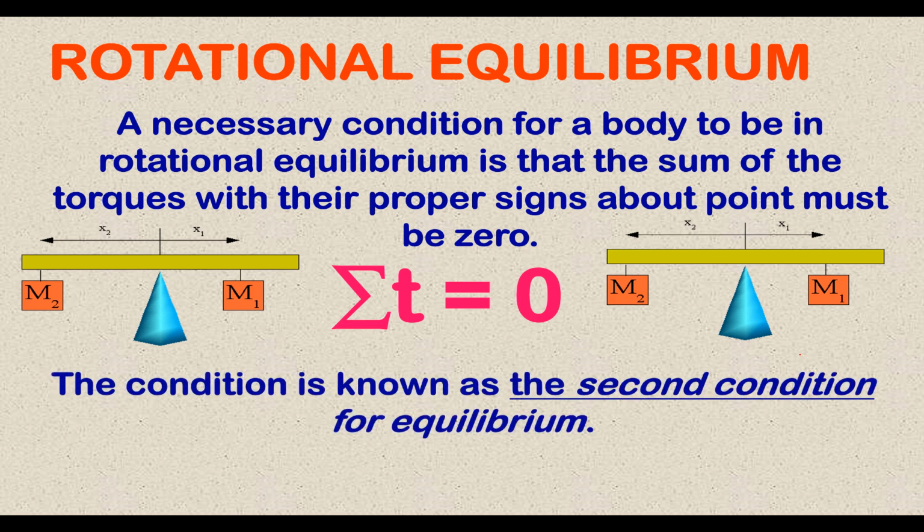Last concept. Slide number 39 or something like that. Rotational equilibrium. A necessary condition for a body to be in rotational equilibrium, that is, not spinning faster and not spinning slower, but at rest, is that the sum of the torques must be 0. And this is known as the second condition for static equilibrium.